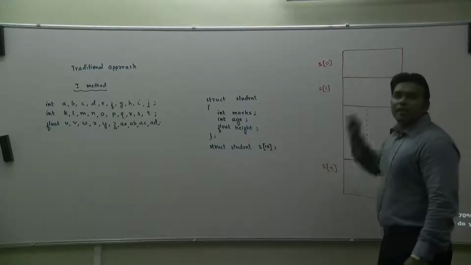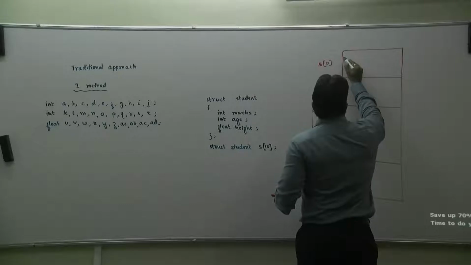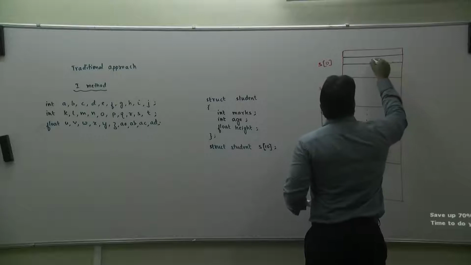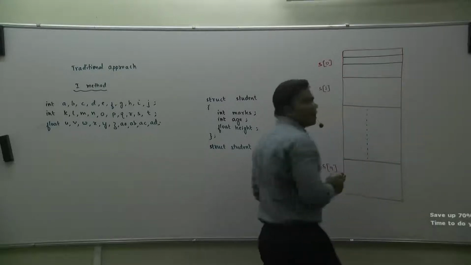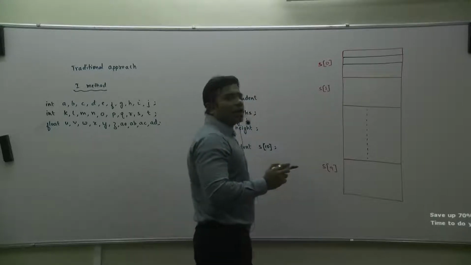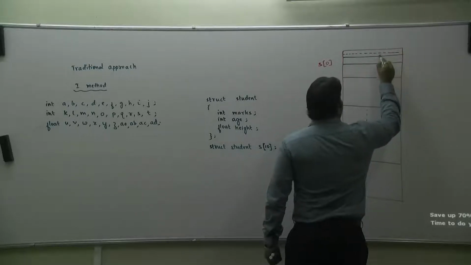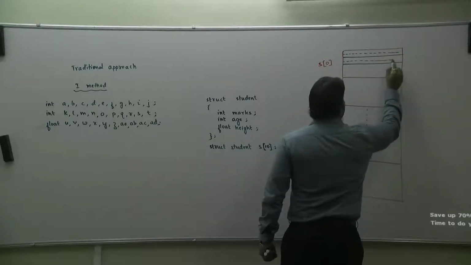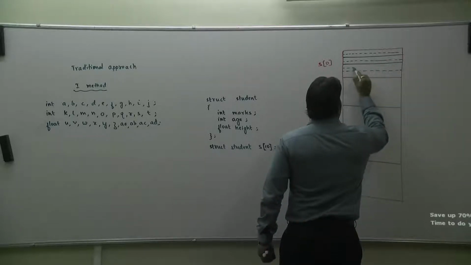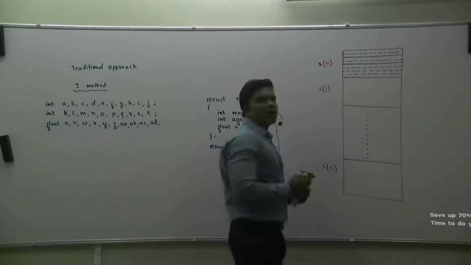I would be having space for marks, space for age, and also space for height. And please understand, integer in C language is allocated 2 bytes. So 2 bytes would be allocated for marks, 2 bytes for age, and float, remember, is 4 bytes, so 4 bytes would be allocated for height.